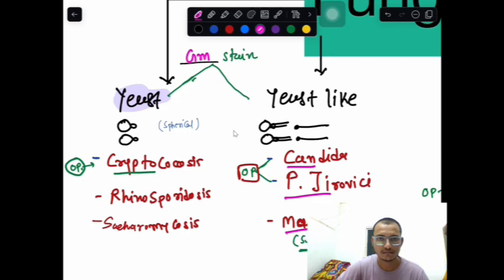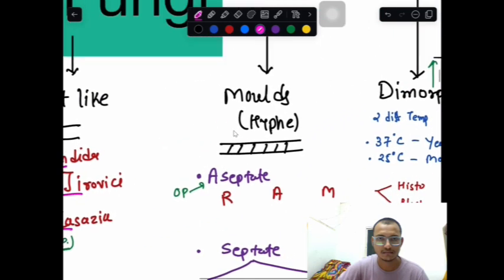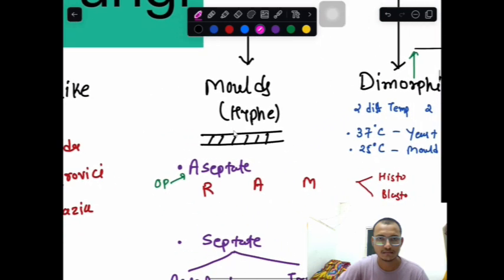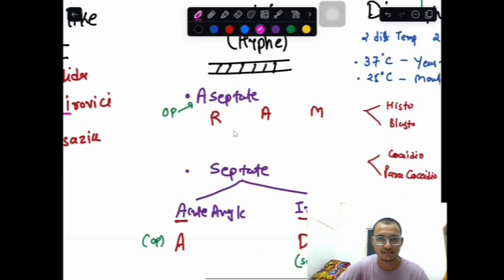The third type we call molds. There are two types of molds, we call them hyphae: one is septate and the second is aseptate.